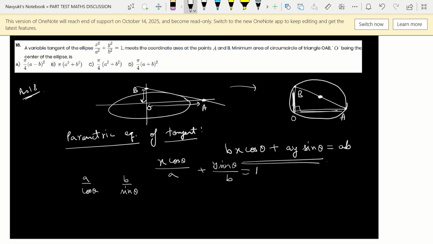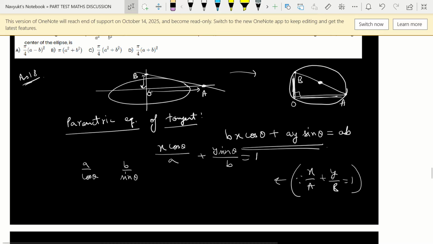We will get this cos theta down and sin theta down to make this into the x by a plus y by b equals to 1 format. Clear? Because of this, we have got it. These are the distances. So what they asked was the minimum area of the circumcircle, right? Minimum we have to find the area. Fine. These two are distances. Area of a circle is how much?